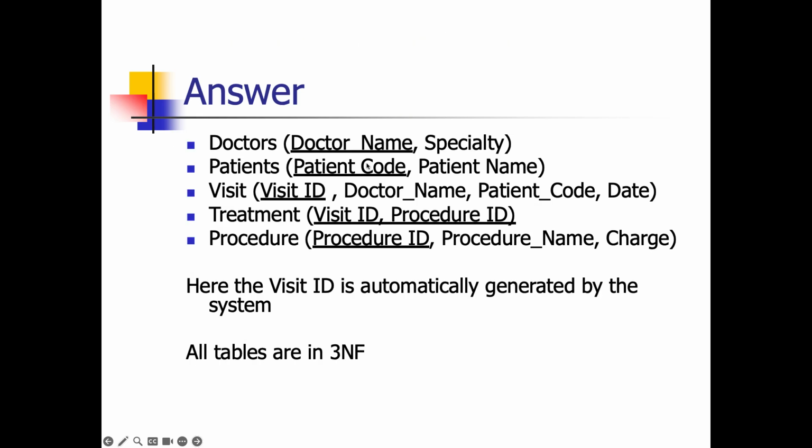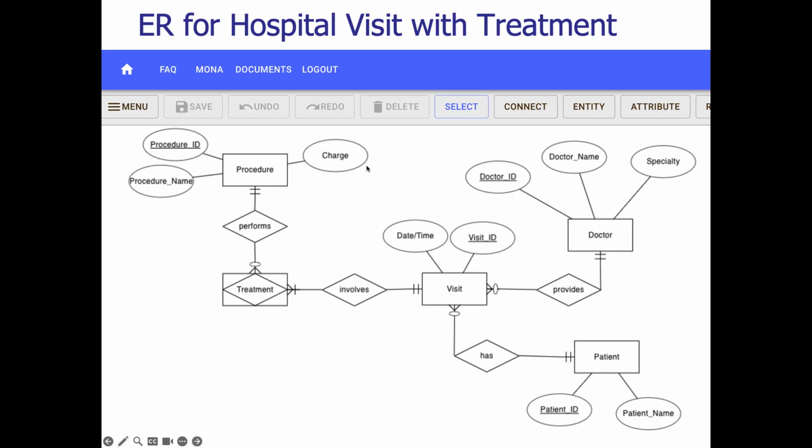So this is what we have done with the tables, just explained with the text here. I also provided a very simple ER model for the hospital visit with treatment. For example, each doctor can have no visit or multiple visits, right? And each visit is for only one patient, right? But each patient can book no to multiple visits.